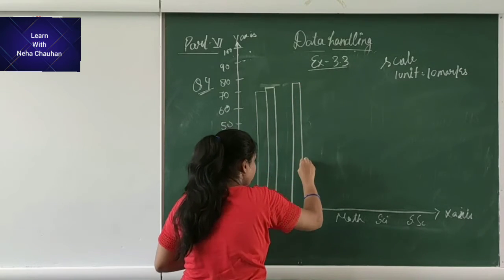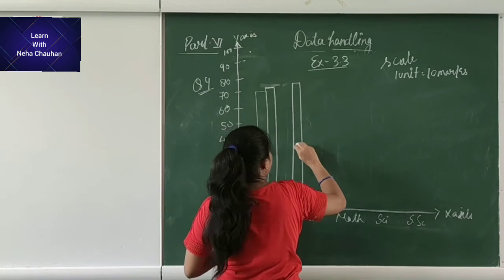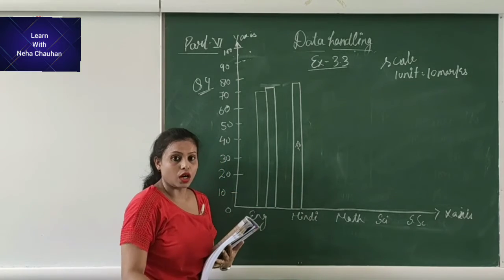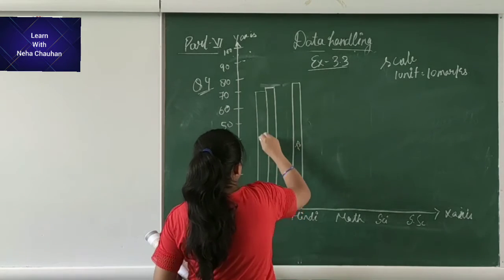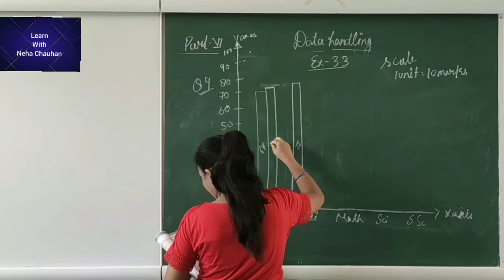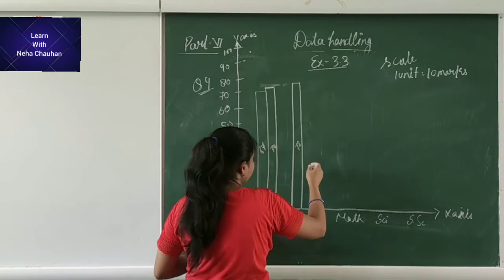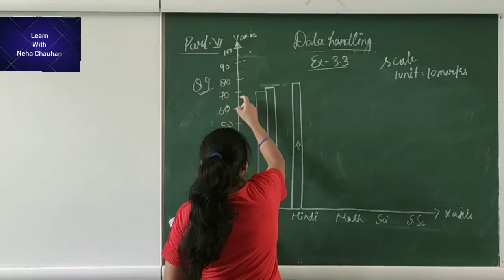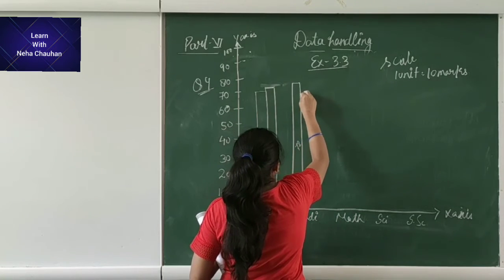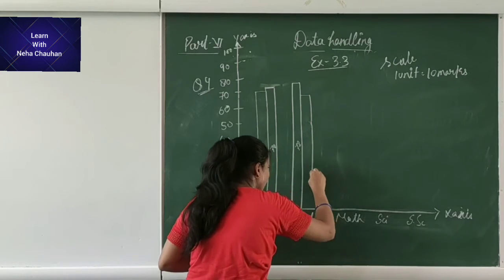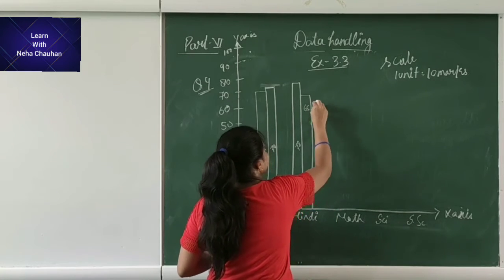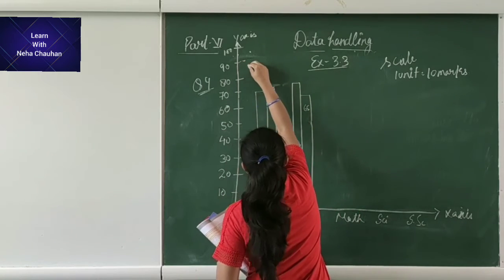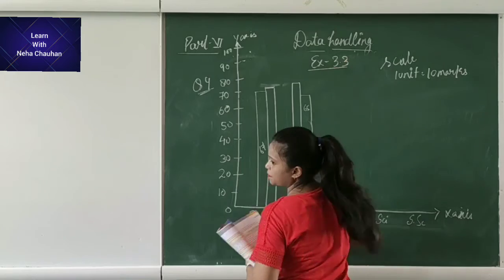For the first term, I write 72, just for solving the question easily, right? This is 67, this is 70. In the next term, he gets 65 marks. In maths, 88.